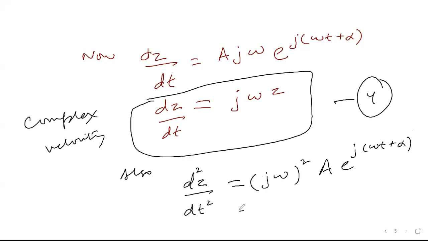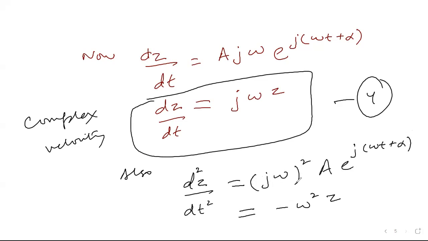Now j square is minus 1, so it becomes minus omega square z, because a e raised power j omega t plus alpha is z, so it becomes j omega whole square.